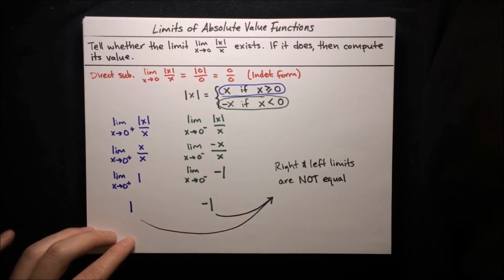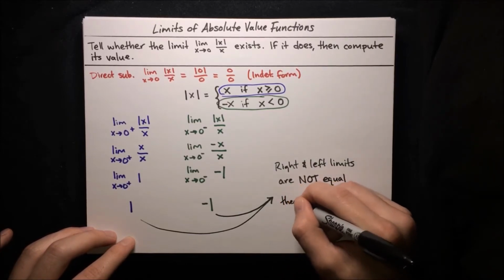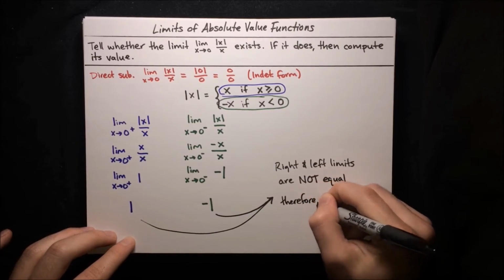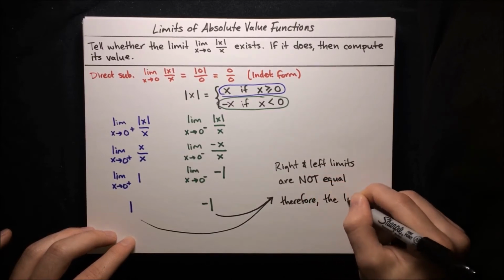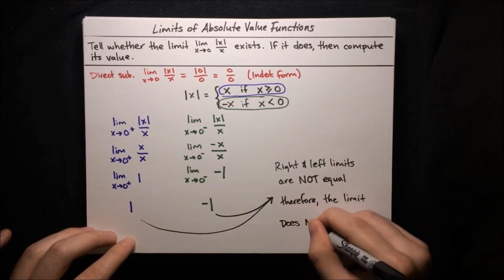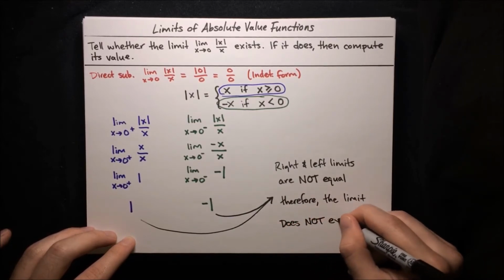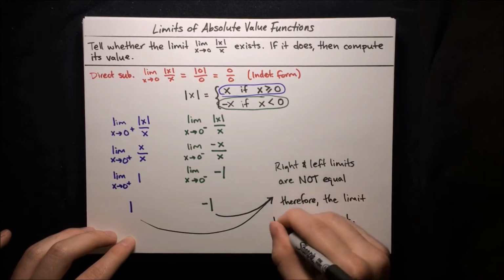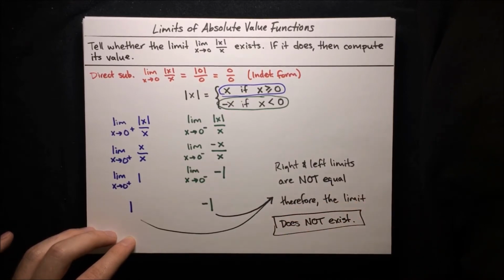And in order for a limit to exist, both the right and left limits have to be equal. So, therefore, the limit does not exist. So, there we go. We're done. The limit just doesn't exist.